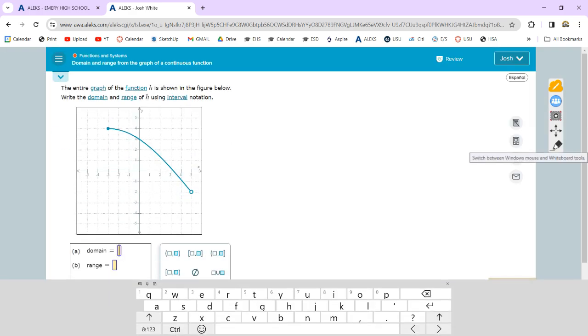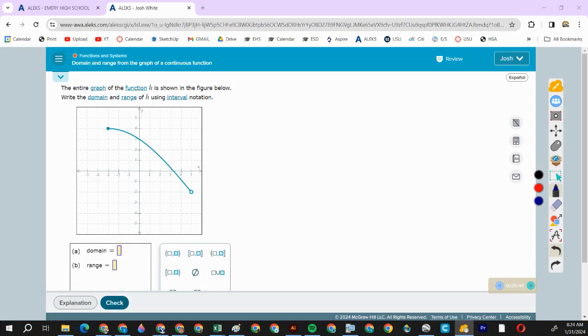Okay. So here I want to know what is the domain. So which people are in this function? Which x's? Well, is person number 5, -5, part of this function? Well, if I look straight up or straight down, can I find a point on the graph? No. So -5 is not.